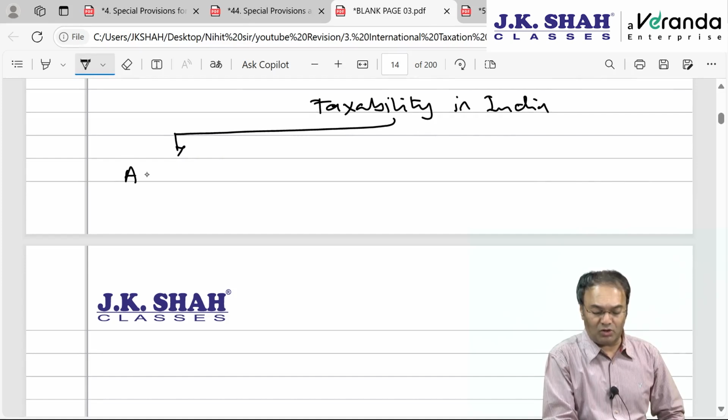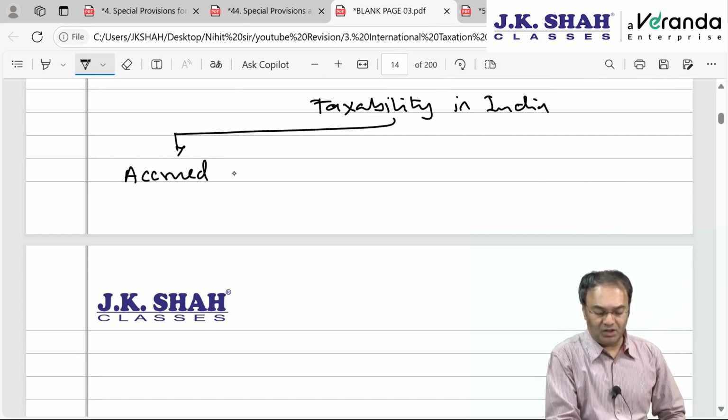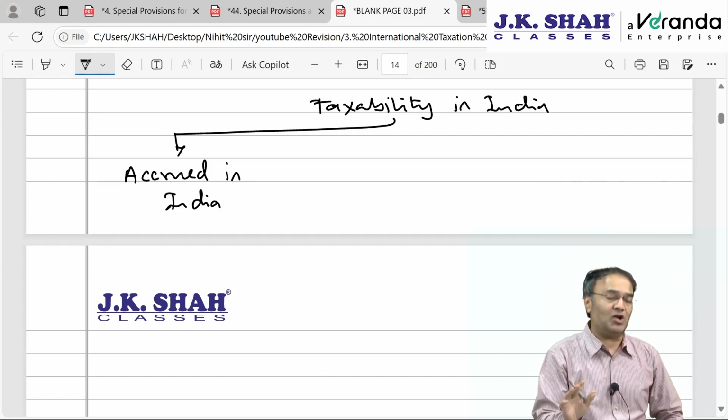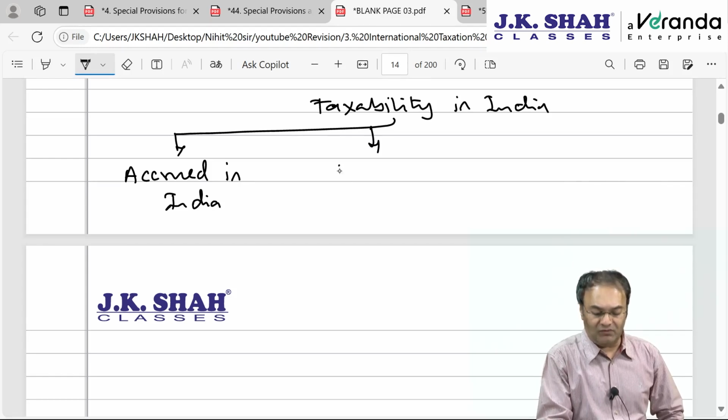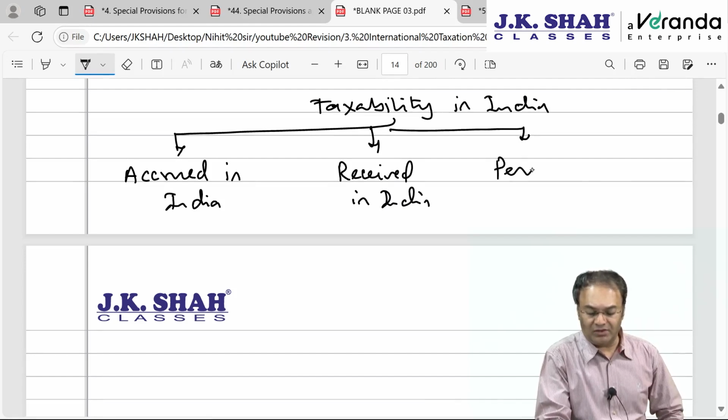If the income is accrued in India, accrual of income will include deemed accrual also, and arising of income or deemed arising of income. Or place of receipt, if it is received in India. Or the person earning the income is resident of India. These are the 3 factors which will decide the taxability.